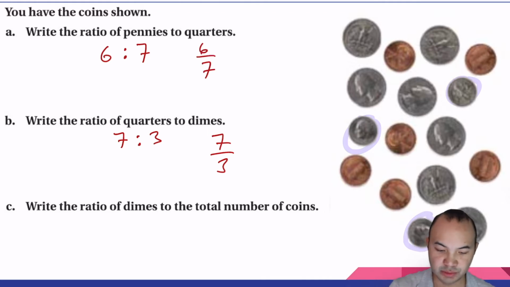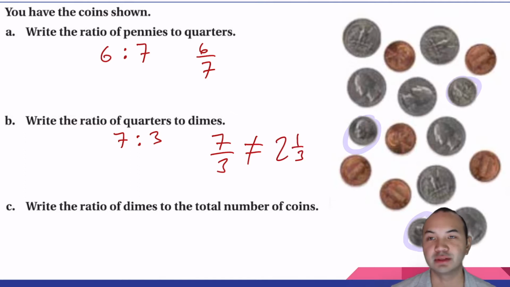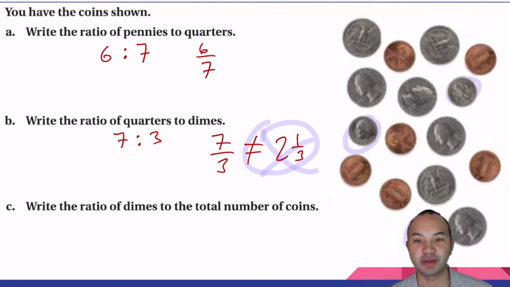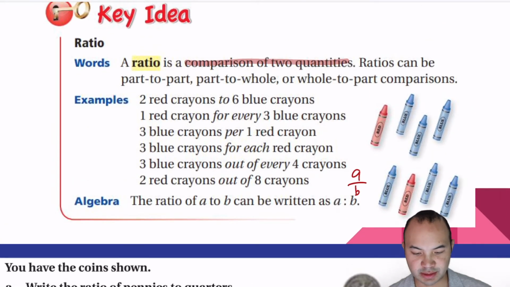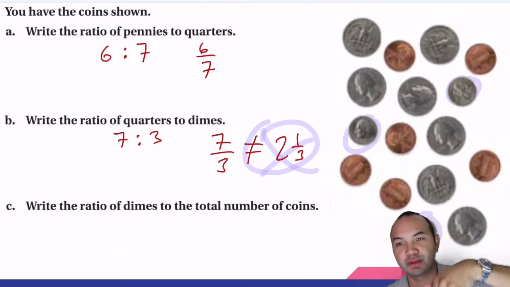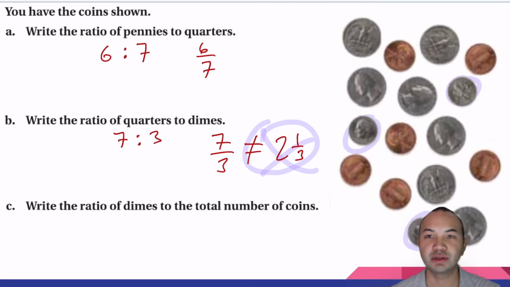But you do not make it into 2 and 1/3. You do not do that, because a ratio, remember, is a comparison of two quantities, right? So 7 quarters to 3 dimes. Even though you can write it as a fraction, you don't make it a mixed number, because that doesn't make sense.